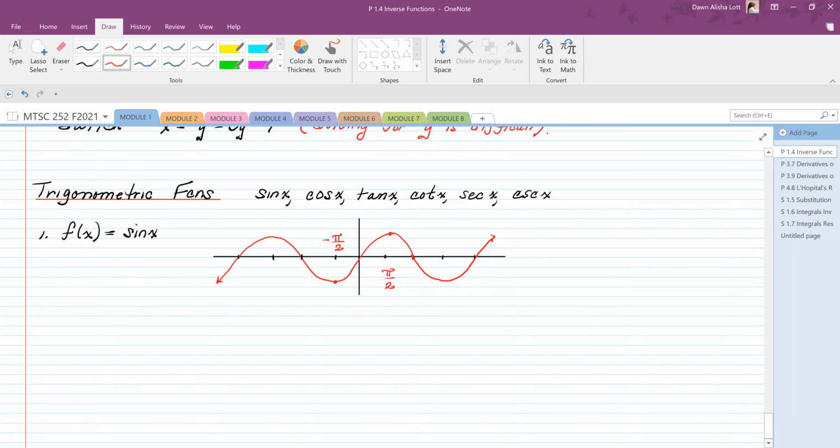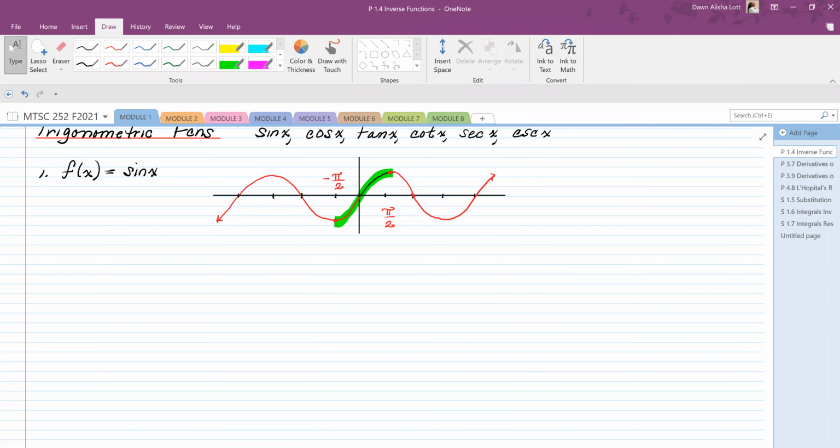Okay, so if I restrict it to only between here and here, notice that one little piece passes the horizontal line test.